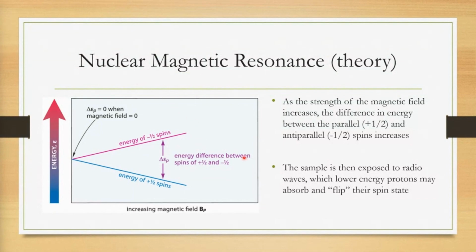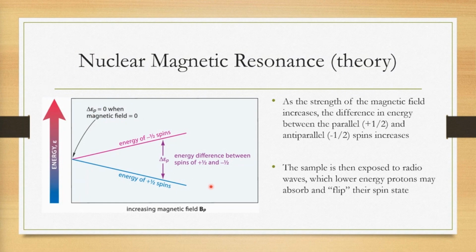So when we're looking at NMR, the difference in energy between the parallel and anti-parallel states is generally within the radio wave frequency. And so after we've applied the magnetic field and exposed the sample to radio waves, the NMR instrument can then detect which frequency of radio waves are absorbed by the sample, and that will tell you about the nuclei that are present in the sample.